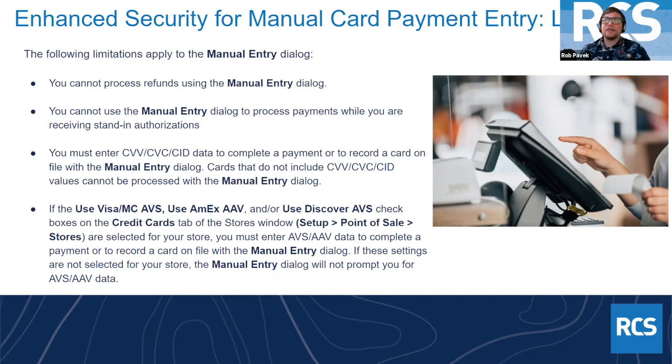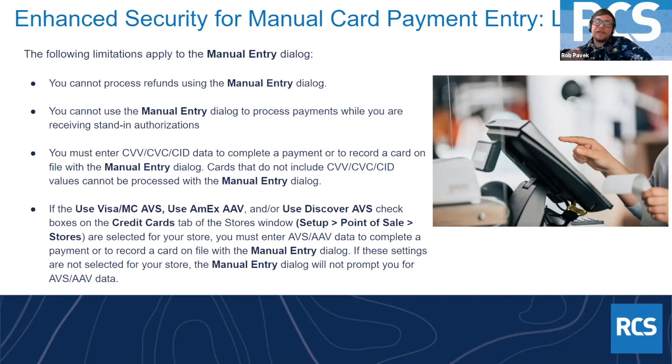You must enter the CVV, CFV, CID data to complete a payment or to record a card on file with the manual entry payment solution. Cards that do not include this cannot be processed, unfortunately. So you have to have that.